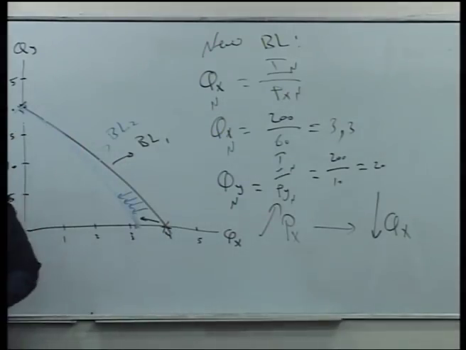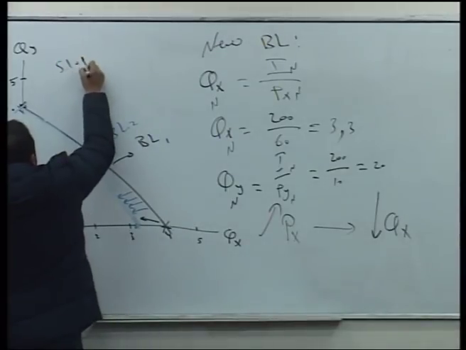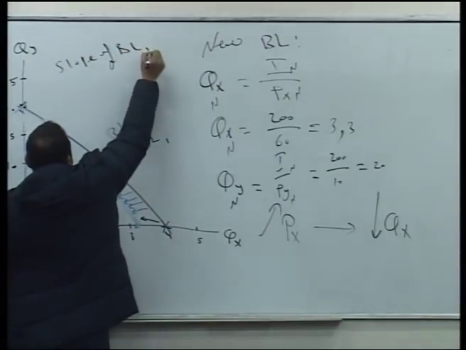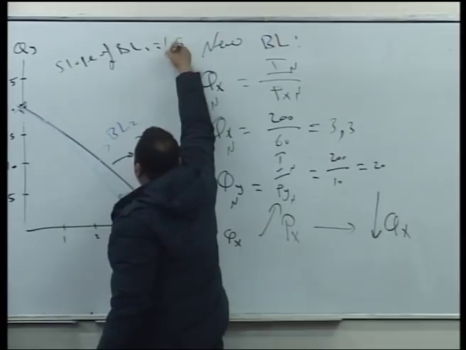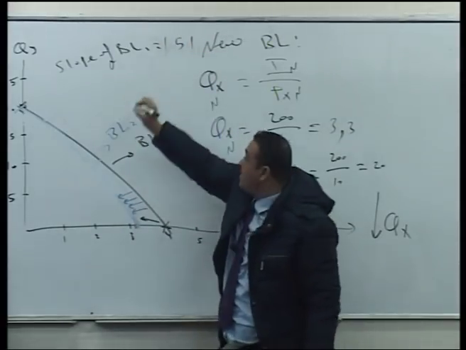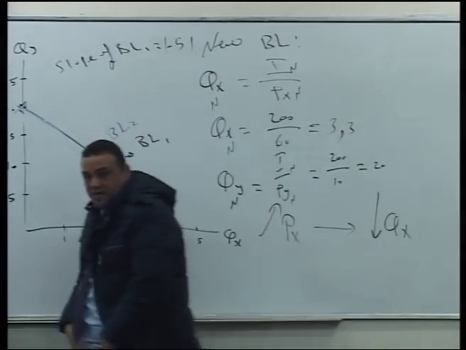What about the slope? The initial slope of budget line 1 was minus 5, which is 5 in absolute value.